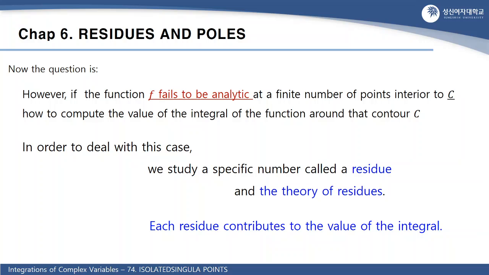From this, we know that each residue contributes to the value of the integral.